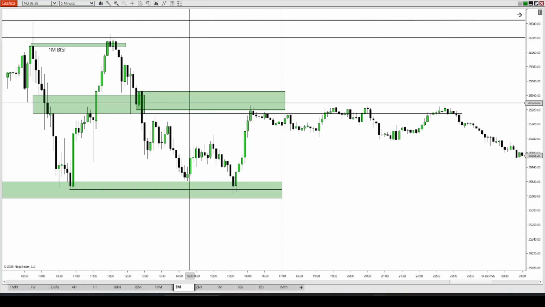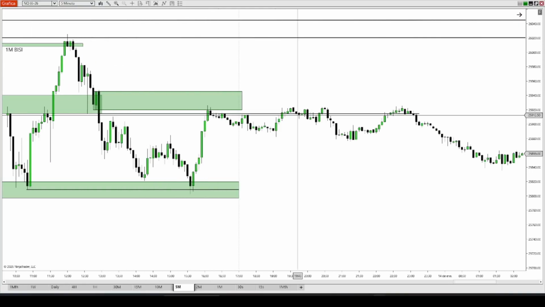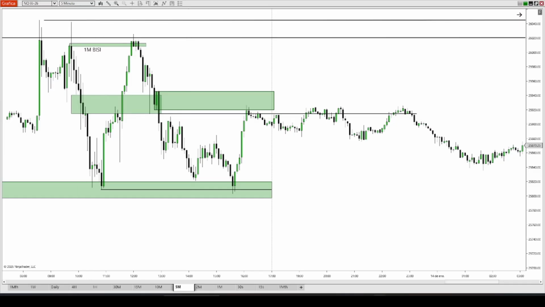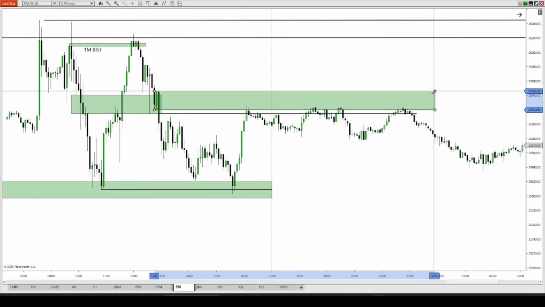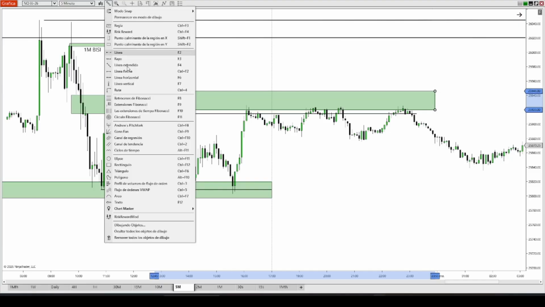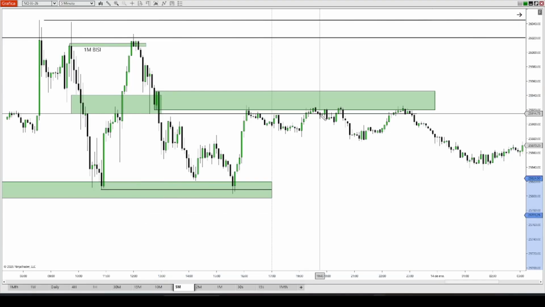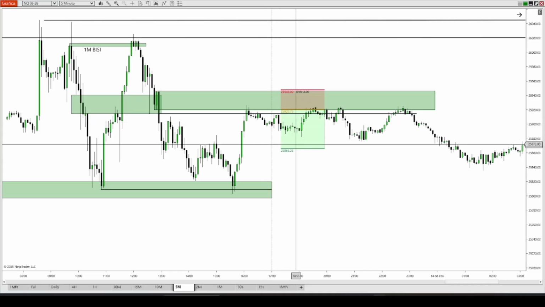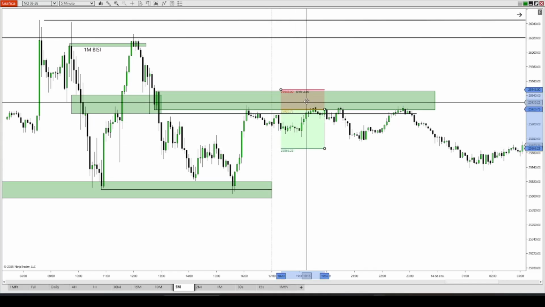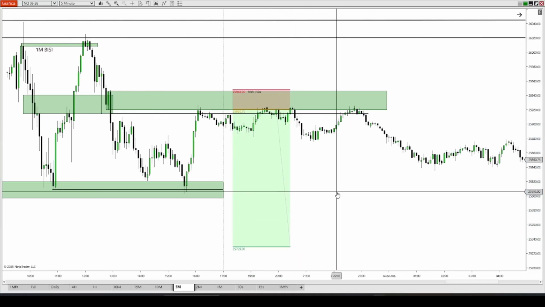So that is indicating to us that price is going to deliver to the downside the next trading day. So actually, when price opened at Asian session, a trade could have been placed there and your stop loss placed just above the 5-minute bearish order block and let it run.